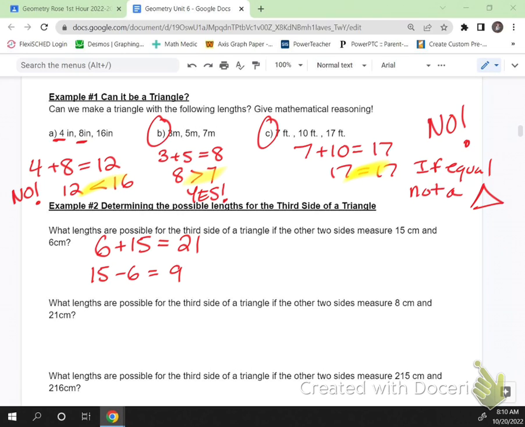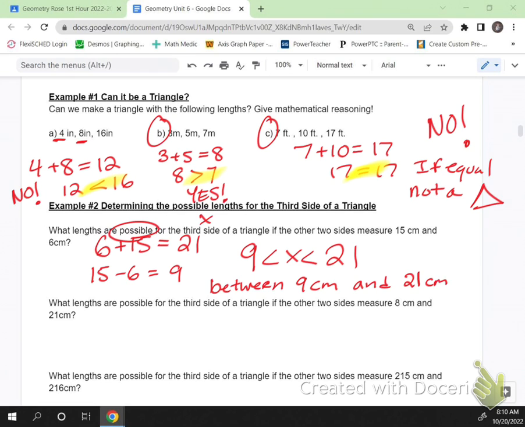Right, because I can't have a negative side. So if you get a negative, you should say, uh-oh, I can't have a negative side. And now the possible lengths of the third side is somewhere between 9 and 21. And I'm going to write that with an inequality. Are you ready? X is the third side, and it could be between those two values. So in words, I can also write between 9 centimeters and 21 centimeters.